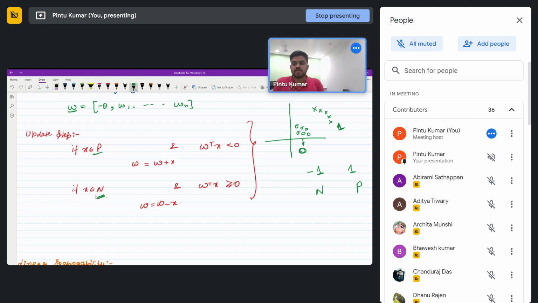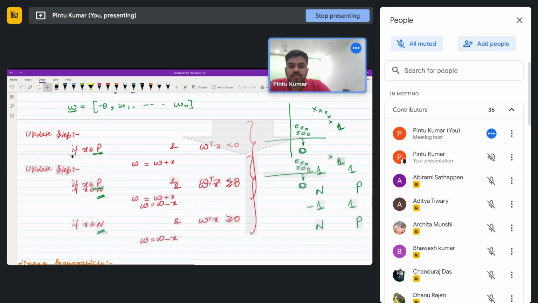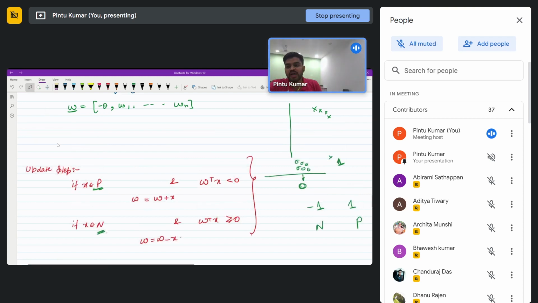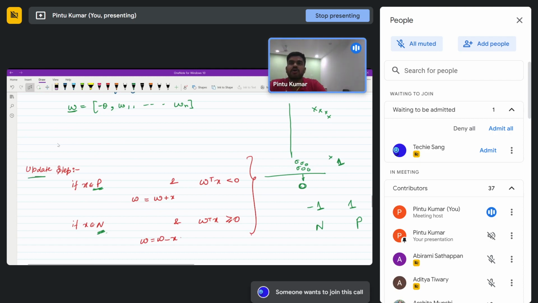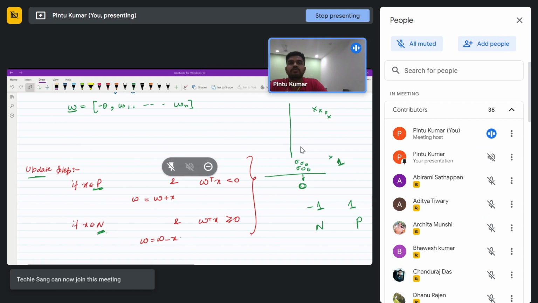So just one more small thing. Why do we want to update our theta or these things? This should be clear. We have some previous data points available with us.